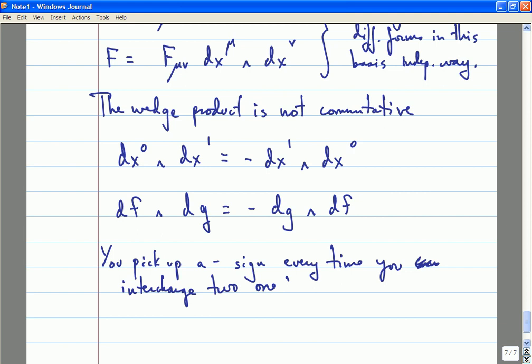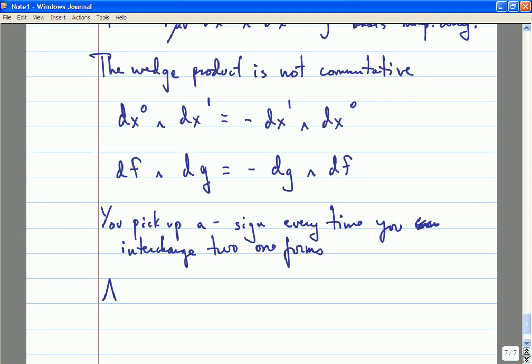And one can use this to work out the general law that determines whether or not the wedge product of a P form and a Q form is commutative. And one can show, and indeed by one I mean you on your next problem set, that if A is a P form and B is a Q form, then the wedge product of A with B is related to the wedge product of B with A by a sign which is minus 1 to the P times Q.